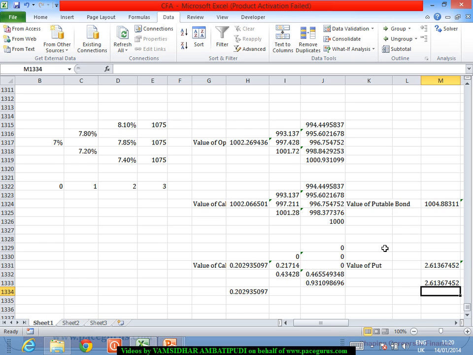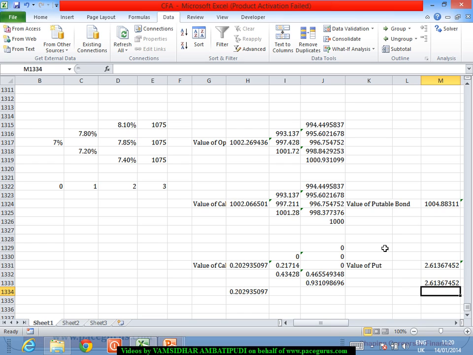Based on the payoffs you can find out the value of the option, whereas when we are looking at a callable bond or puttable bond, we are comparing the strike price with the market price, and based on that assessing the value of that particular bond.